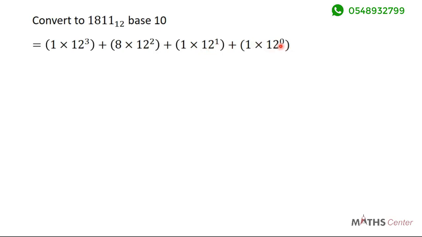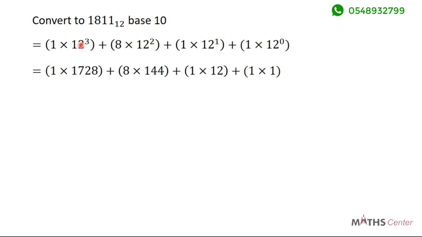Then you order the powers: 0, 1, 2, 3. 1 times 12 exponent 3 will give us 1728, plus 8 times 12 squared, which is 144. 1 times 12 exponent 1 will give us 12, plus 1 times 12 exponent 0 will give us 1. Any number raised to the power 0 is 1.